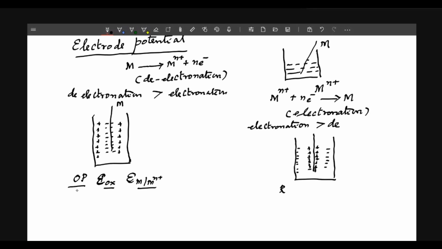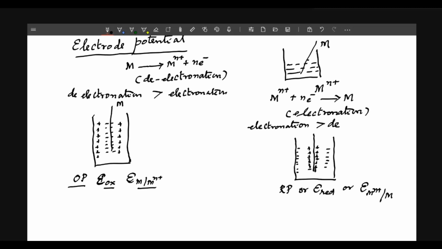The reduction potential is represented as RP, or epsilon red, or epsilon Mn+ bar M.